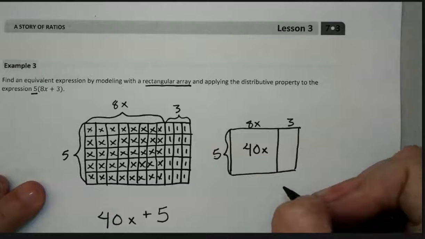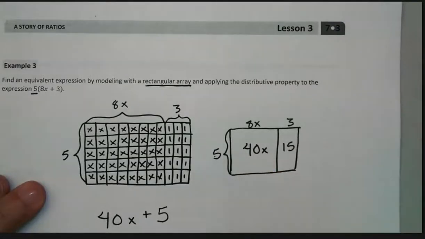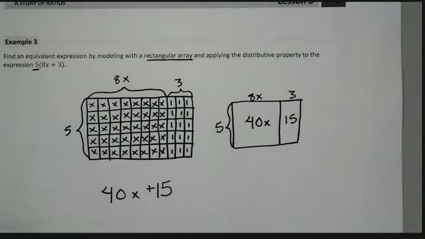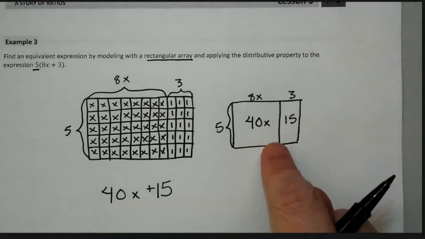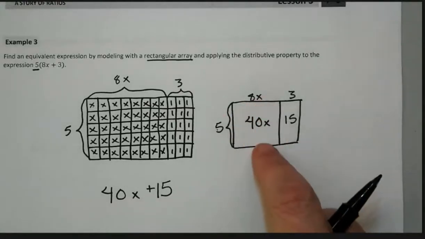And I'm going to write it in the box to show it. And 5 times 3 is 15. Oh goodness, I didn't get my 1 in there. 5 times 3 is 15. Okay? So I usually draw my rectangular arrays like this, and it helps me keep track of what I'm doing.